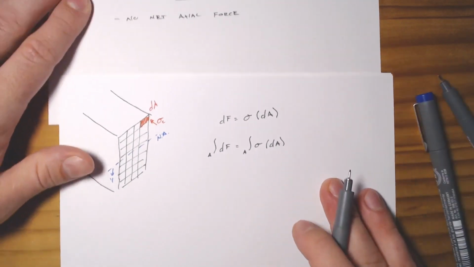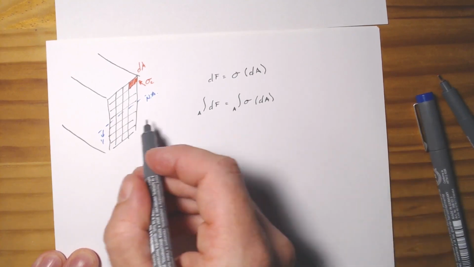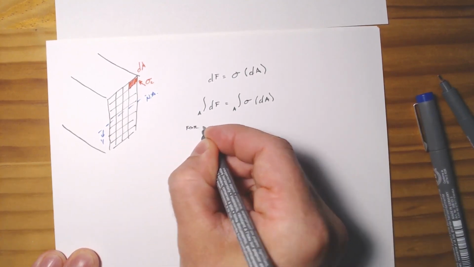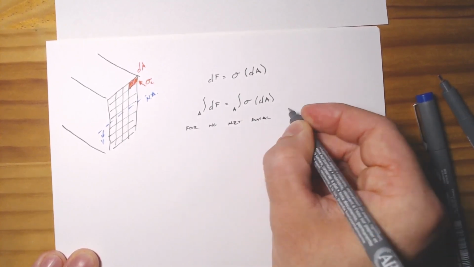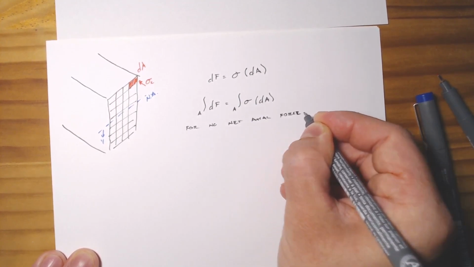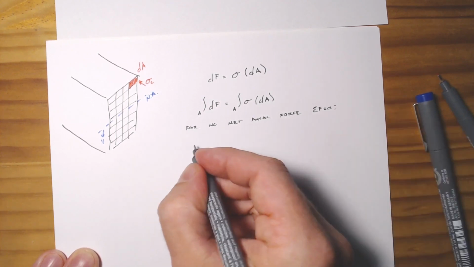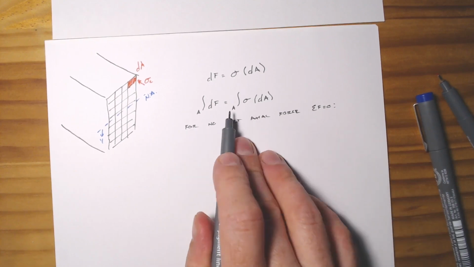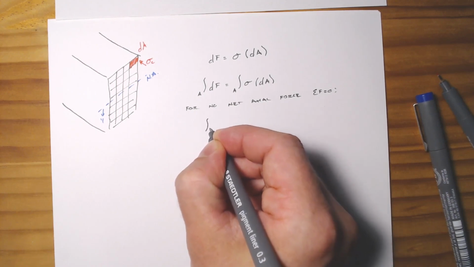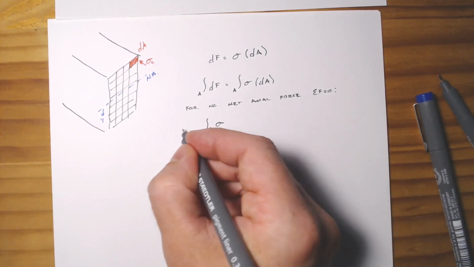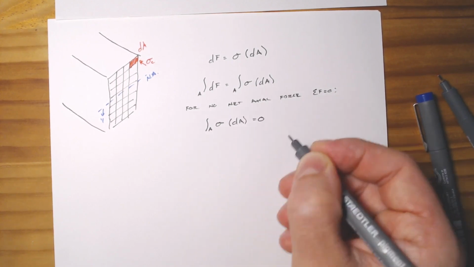And as I said, there's no net axial force. So for no net axial force, this all has to equal 0. So for no net axial force, the force equals 0, then all of this has to equal 0, which means that the integral of sigma times dA equals 0.